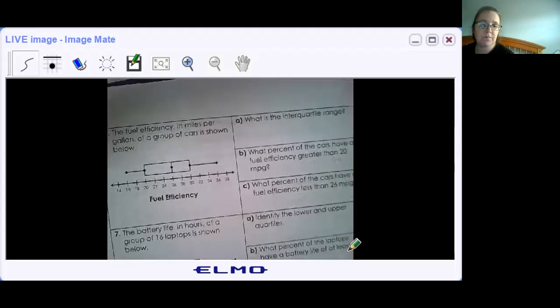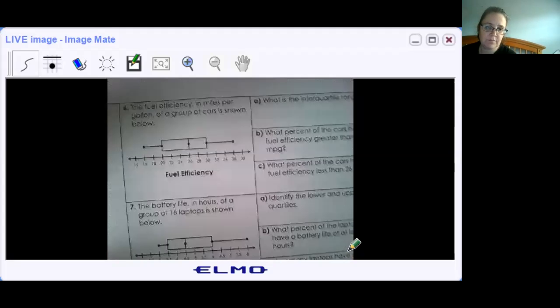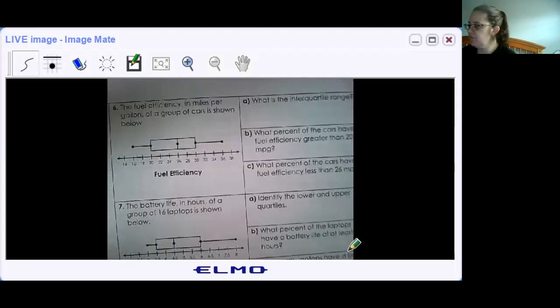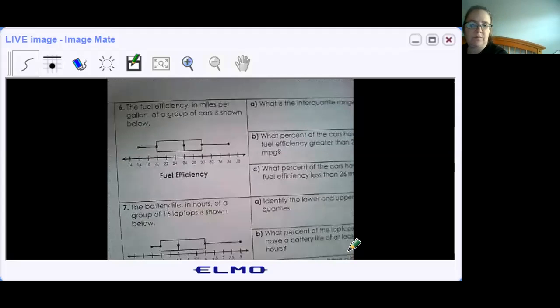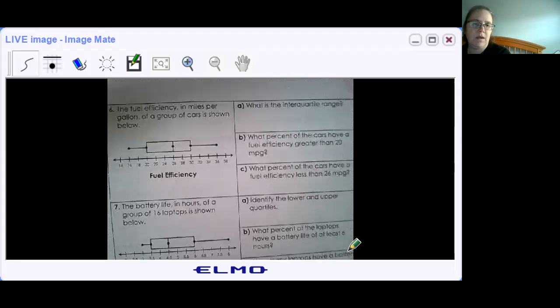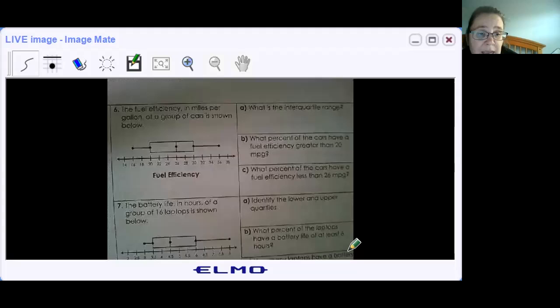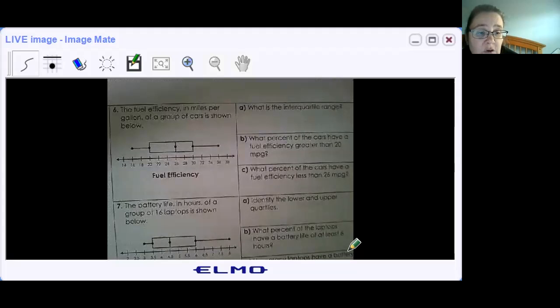So here we go. Y'all are looking at number 4. If I can make it fit on my paper. So it says, the fuel efficiency in miles per gallon of a group of cars is shown below.